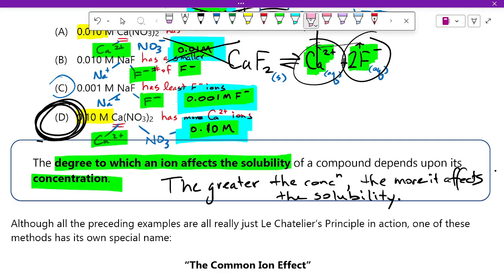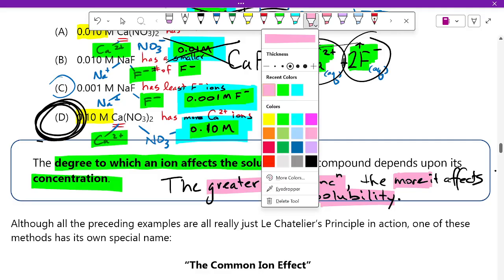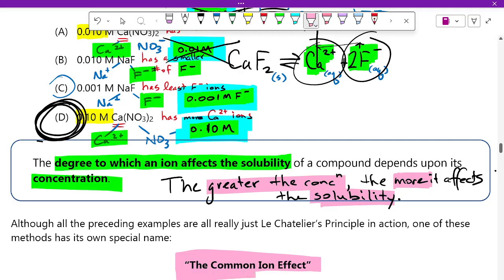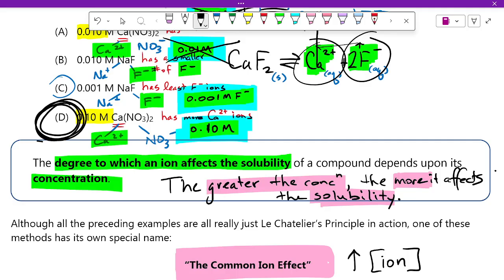Okay. All right. The greater the concentration, the more it affects the solubility. Now, all these preceding examples are just Le Chatelier's principle, but one of these methods is called the common ion effect. It has its own special name, the common ion effect. And that is one where we increase the concentration of an ion.